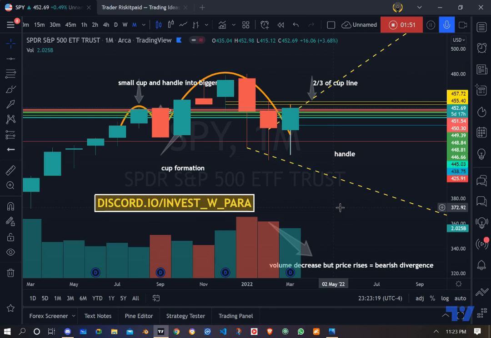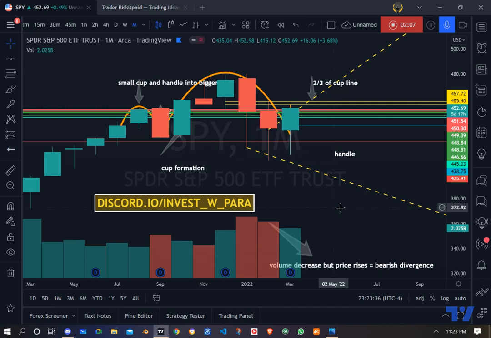But with that said, let's jump into this SPY talk. A lot of people have been discussing the SPY, saying we are in a big head and shoulders pattern.